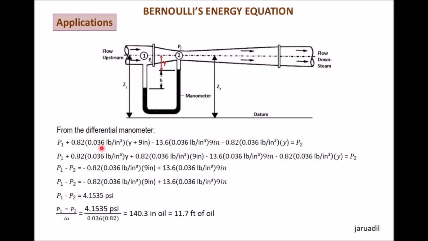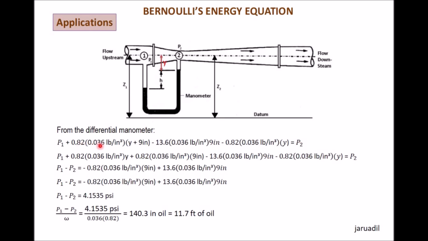That's why we multiply by the specific weight of water. From this point to this point is 9 inches. From this point to this next point is negative, so we have oil, 0.82 specific gravity, times the specific weight of water, times the unknown distance y. At this point that is equal to P2.